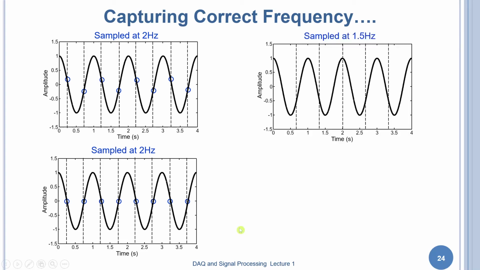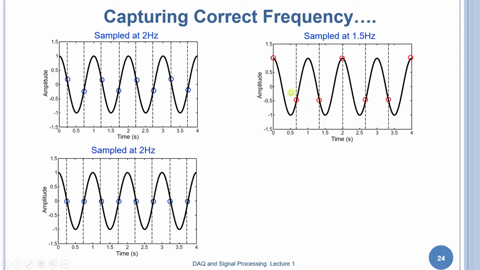Now let's look at what happens if I have a lower sampling rate. In this case, I'm going to sample at 1.5 hertz, which means I'm going to get only 3 points for 2 cycles.